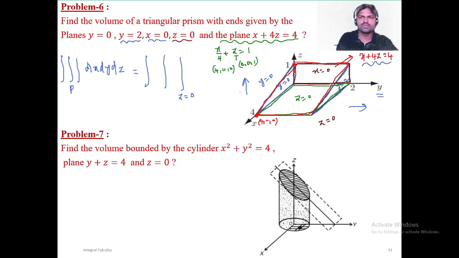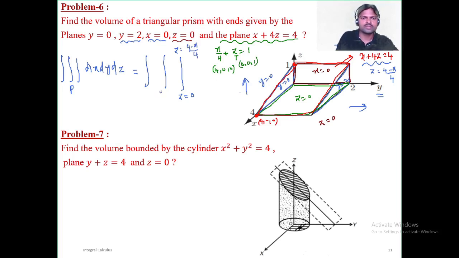So from this, what is the z value? z is equal to 4 minus x by 4, isn't it? So the upper bound will be z is equal to 4 minus x by 4. Next come to the xy plane.